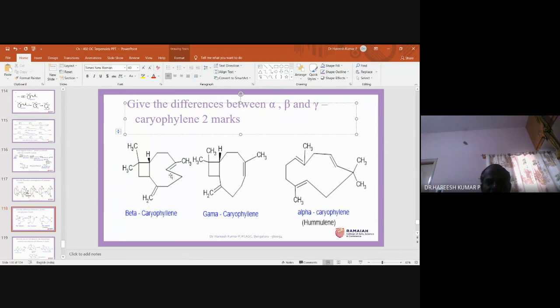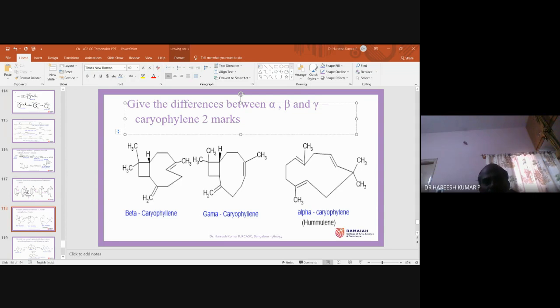And beta caryophyllene is a bicyclic compound, one ring 4-membered, another 9-membered. Gamma caryophyllene is also bicyclic, with an exocyclic double bond and an intracyclic double bond. But what is the difference between the beta and gamma? That you have to explain.